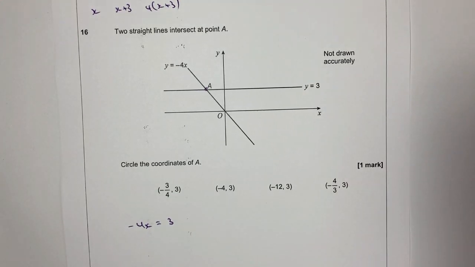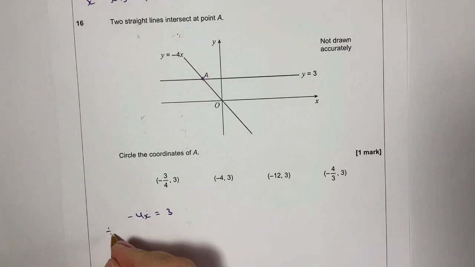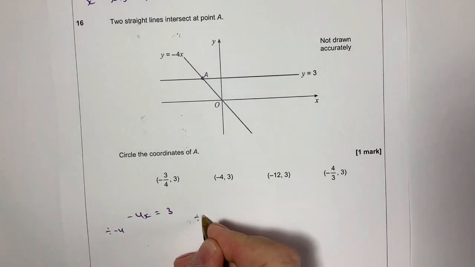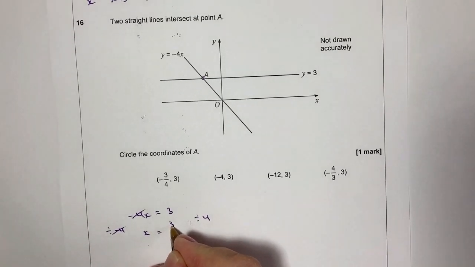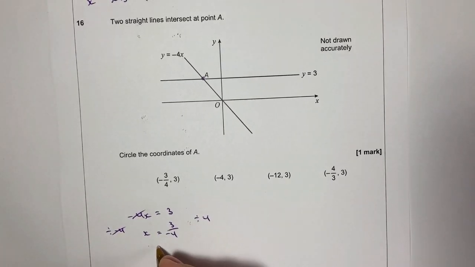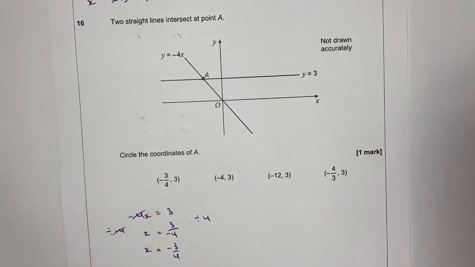So therefore, if we want to find the value of x, we divide both sides by minus 4. So if I divide by minus 4 both sides, I get x on its own equals 3 over minus 4, which is the same as saying x equals minus 3/4.